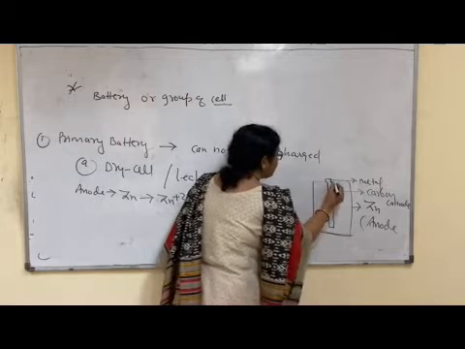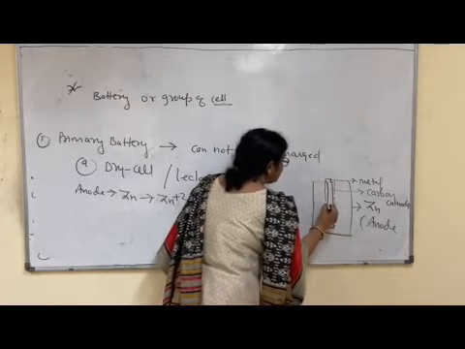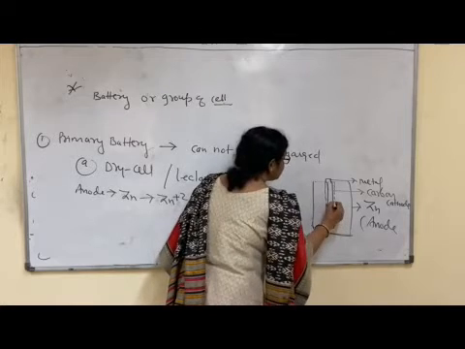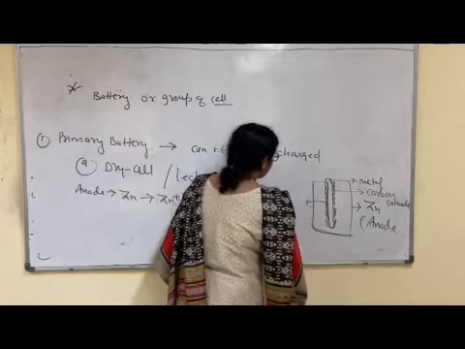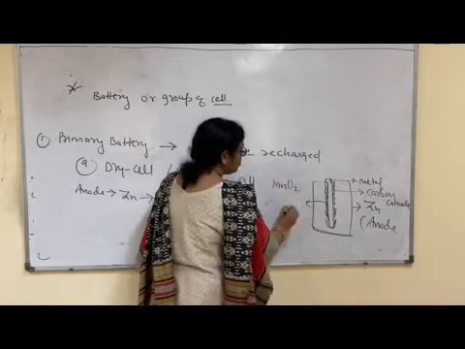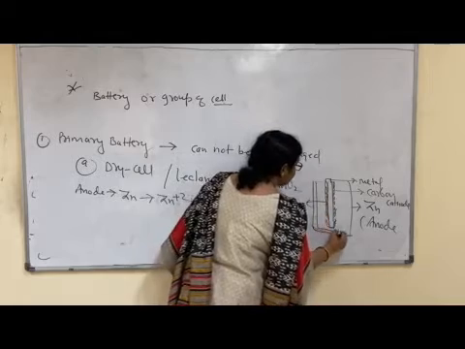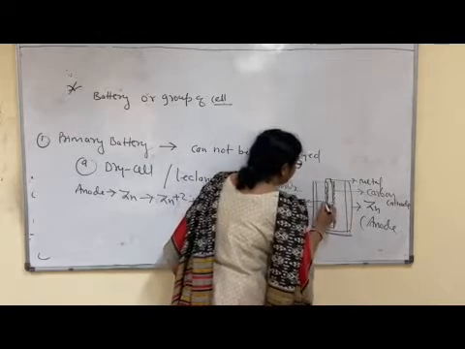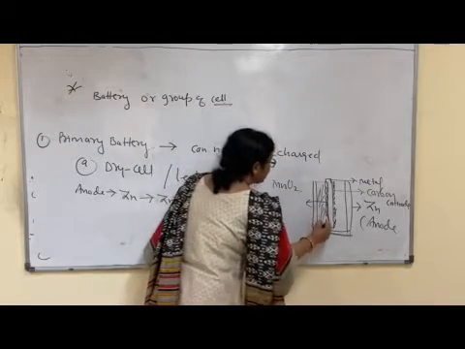Now, this carbon rod is surrounded by black colored powder, which is known as manganese dioxide. What is taken? MnO2 powder. And between this and the zinc vessel, a mixture of two more chemicals, the electrolytes.